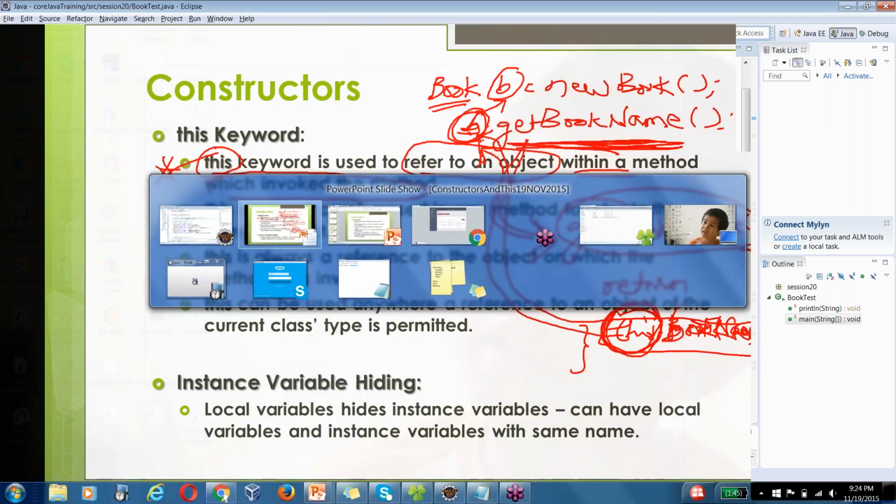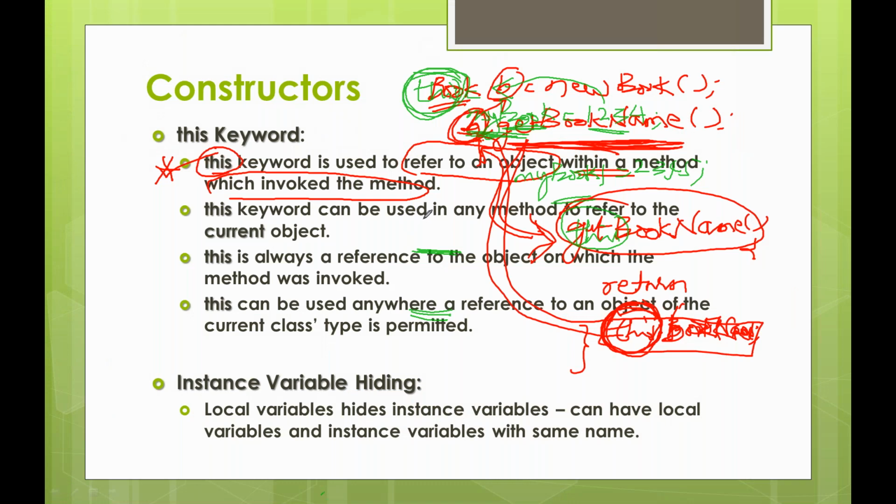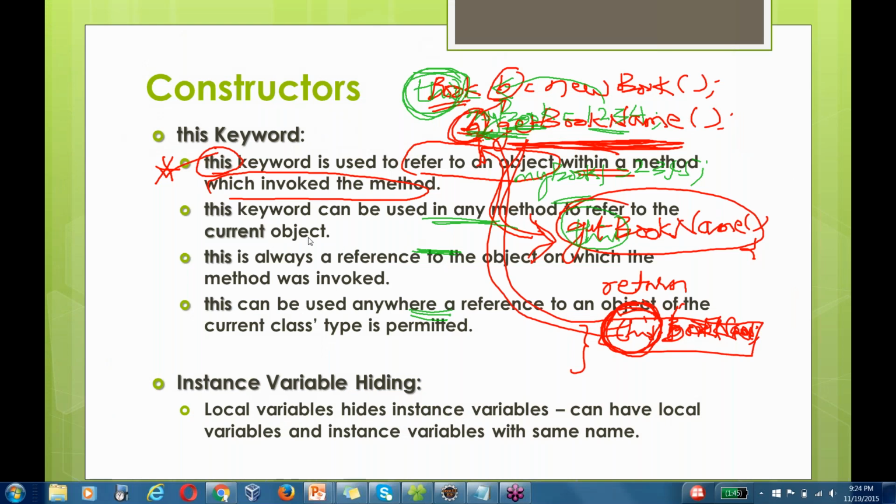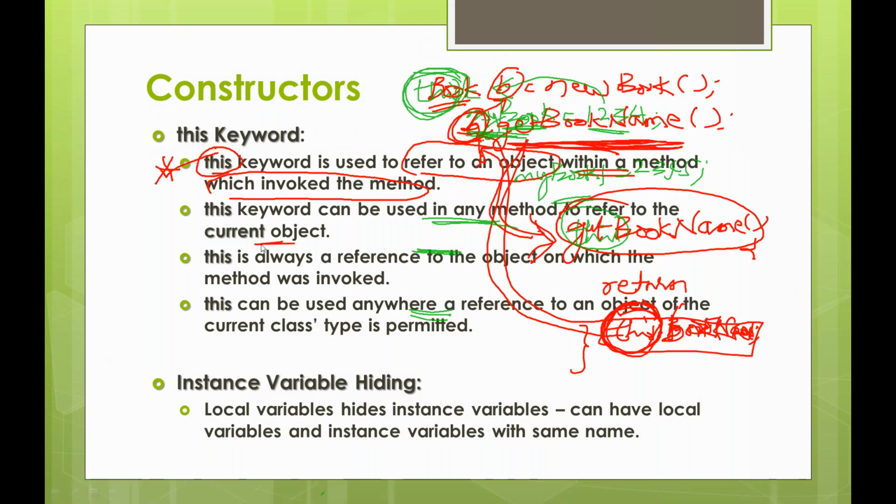Next, let's go to the second one. This keyword can be used in any method to refer to the current object. The current object is nothing but the object which is invoking that particular method. This is always a reference to the object on which a method is invoked. We are telling the same thing in different ways.